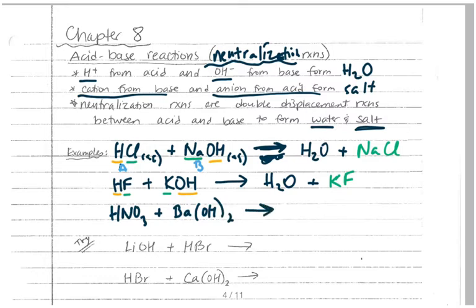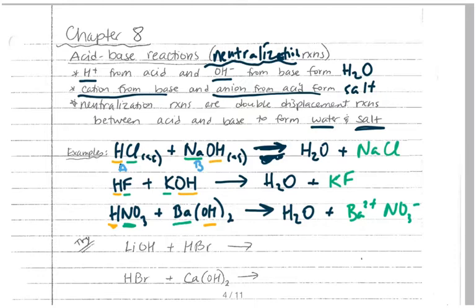When we combine this acid and base, the hydrogen from the acid and the hydroxide from the base will combine to form the water, H2O, and the nitrate ion and the barium ion will combine to form the salt. So barium has a 2+ charge and nitrate has a 1- charge.